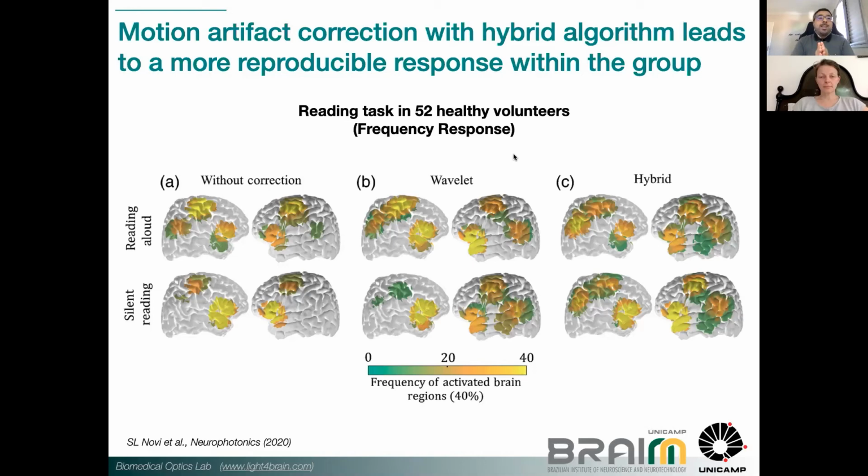And more than that, if you do the task of reading aloud and compare it with a silent reading task, you see better agreement after correcting for motion than the agreement you have without correcting for motion, or just using wavelet with a high-pass filter to correct for motion.